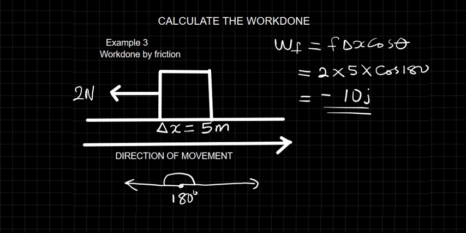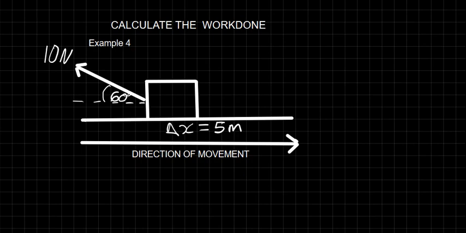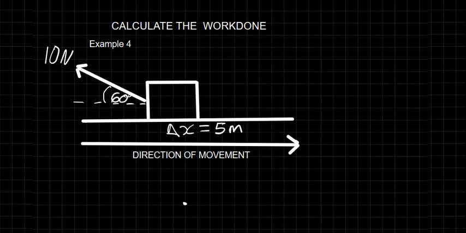Now the next example. The applied force is applied at an angle of 60 degrees to the left, but the direction of movement is to the right. I apply the force to the left, but the object moves to the right.